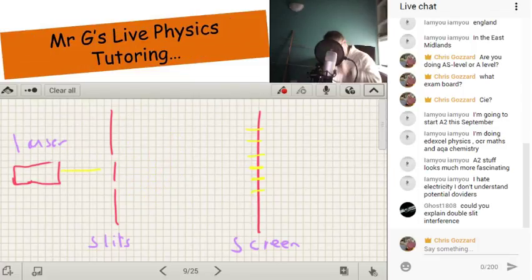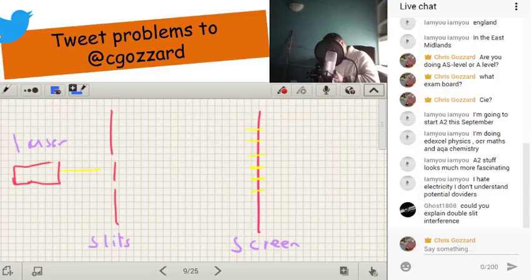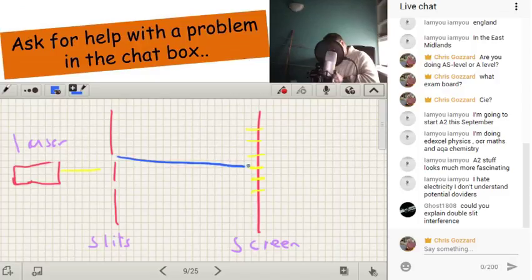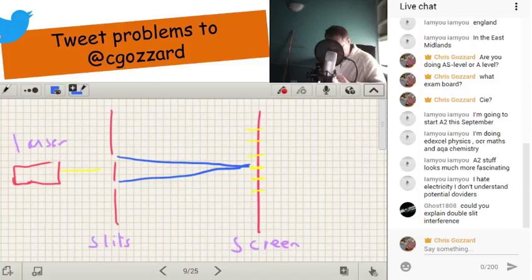Okay. Now, what you need to think about is this: the distance between the slits here. So you've got a beam of light coming from here, beam of light coming from here. Now the first one, this is easy because the difference in the lengths for the very middle one is 0.